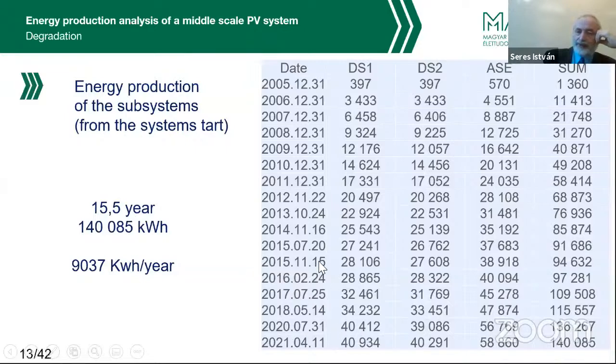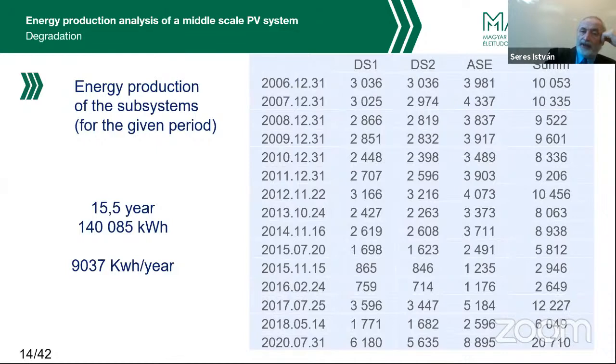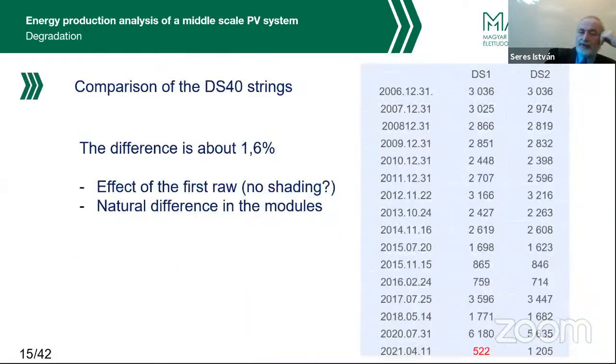In the later time, it was not so regular, but it was working continuously. So we can say how much was the total energy production during the operation, and even we can calculate how much was in a given period. So in this way, we made a comparison of the different subsystems.